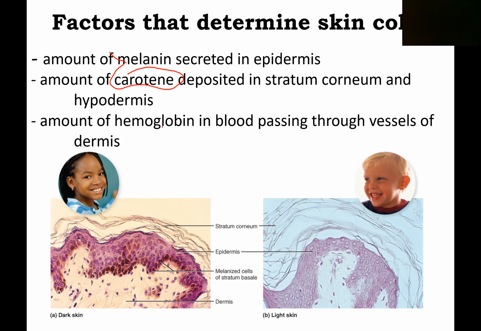Carotene is a yellowish orange pigment. A lot of plants like carrots and sweet potatoes have lots of carotene. The vitamin version is referred to as beta carotene. The amount of carotene can also depend on your diet.